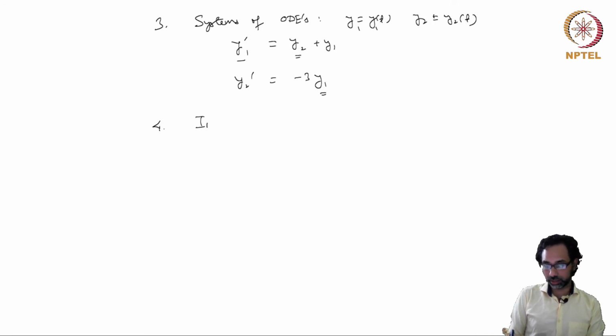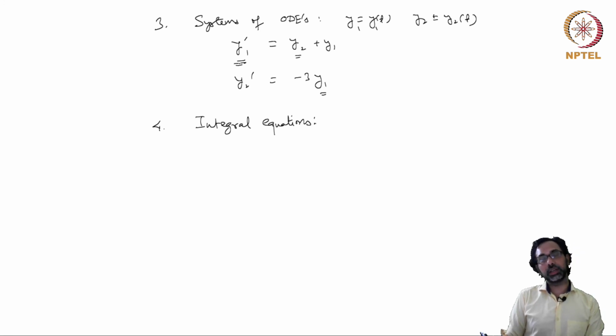Fourth is integral equations. Just as the derivative of an unknown appears in a differential equation, when an integral of an unknown appears in an equation and we have to solve it for the unknown inside the integral, it is known as an integral equation.